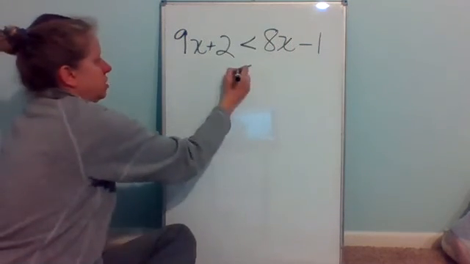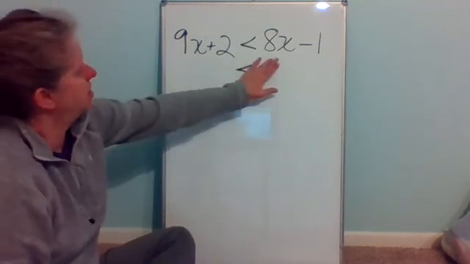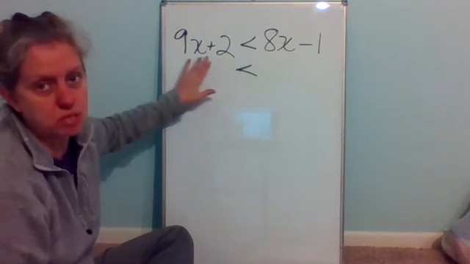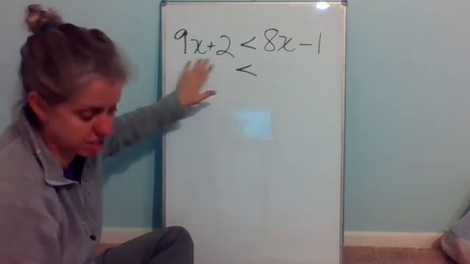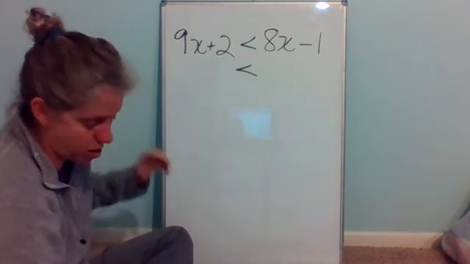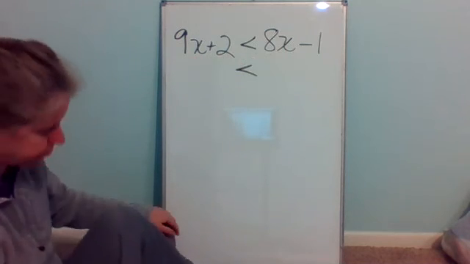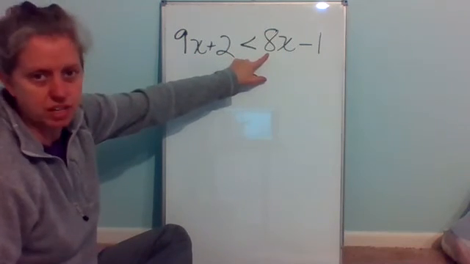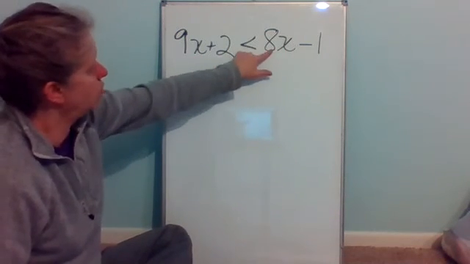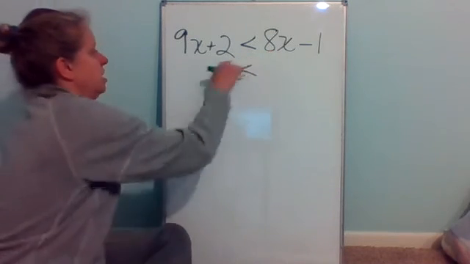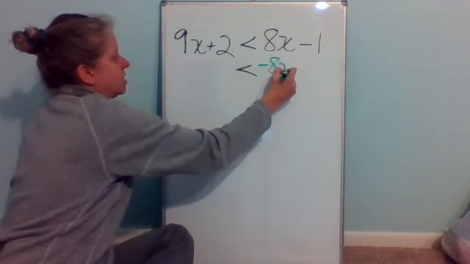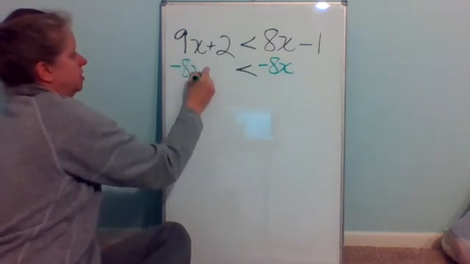Okay, so here's my symbol. I'll just bring it down. I have x's on both sides. So if I have x's on both sides, I'm going to cancel out the one on the right side of this inequality. So subtracting 8x from both sides.